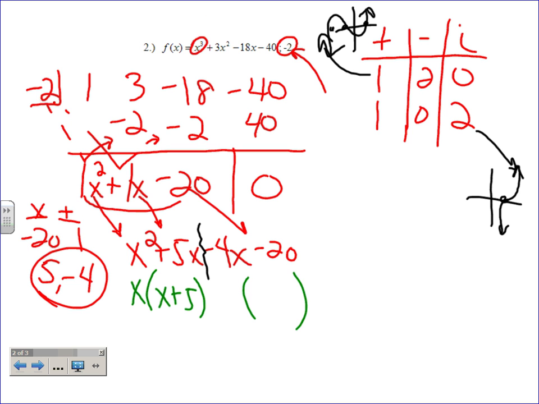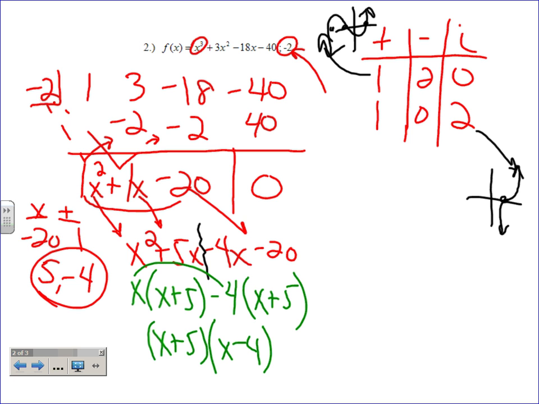What has to be in parentheses over there? According to the way I have it set up, x plus 5 has to be over here. If I can't get it, we either did something wrong or you just can't key number factor this one. Can I get x plus 5 over there? Yeah, what do I have to take out? Negative 4 is correct. So the factors are x plus 5 and x minus 4.